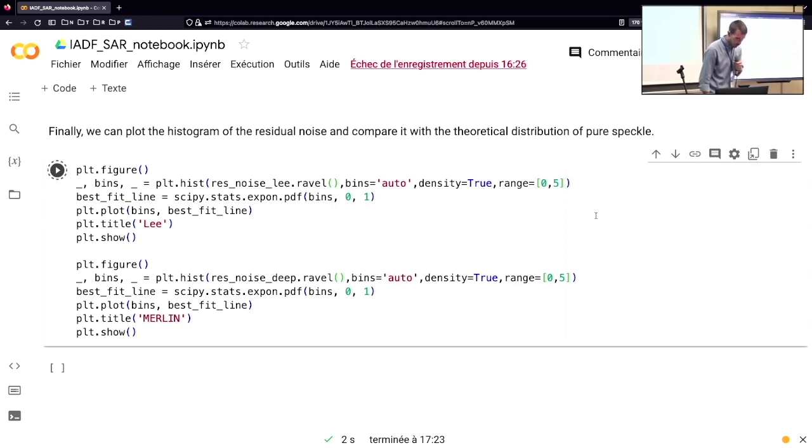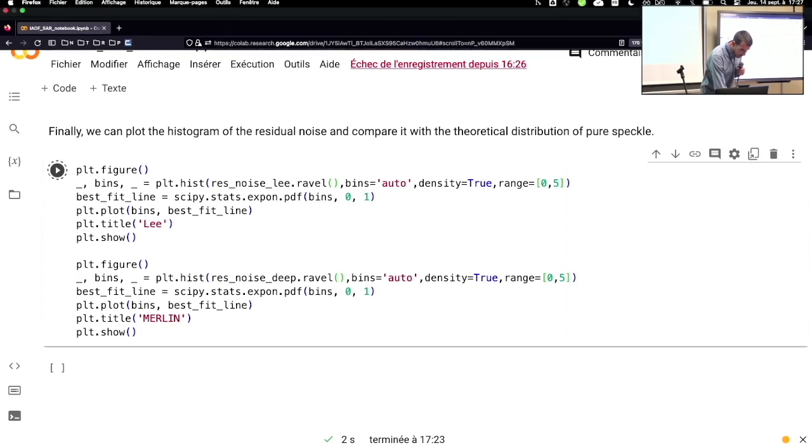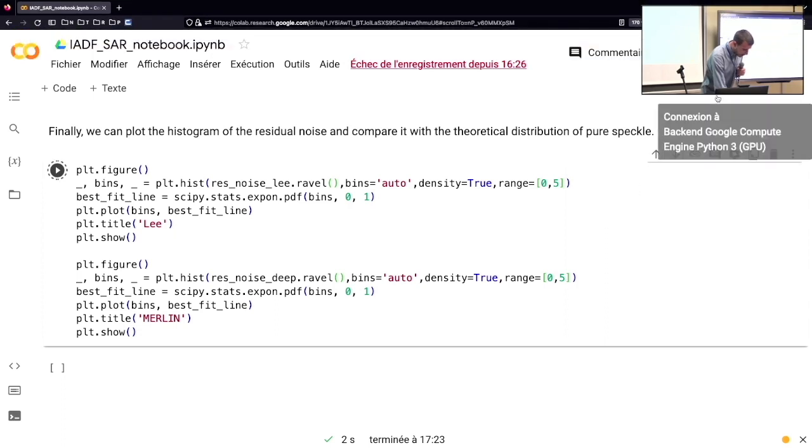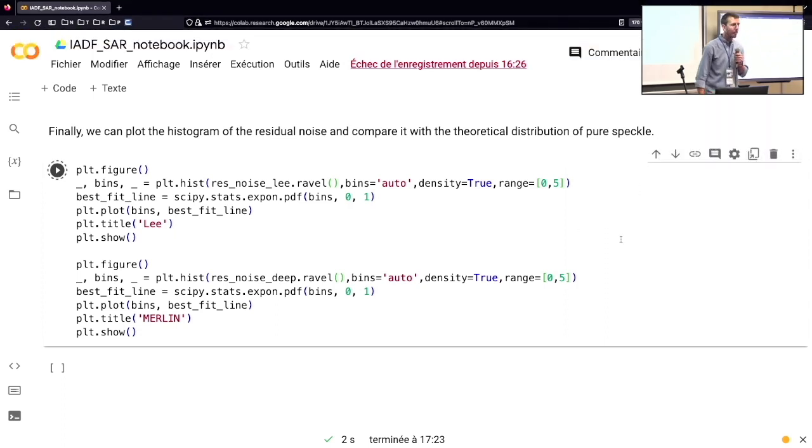I don't really know why. It is reconnected. Well, it doesn't actually matter.